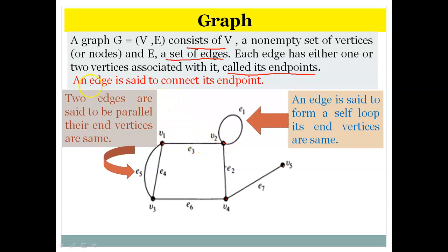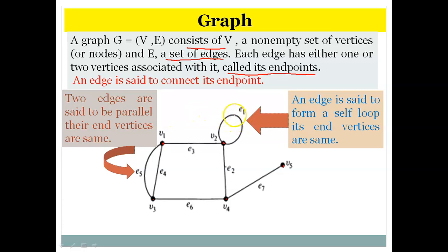That is what we said earlier: an edge is said to connect its endpoints. So V1 and V2 are the endpoints of the edge E3. Similarly, for edge E2, V2 and V4 are the endpoints, and for edge E7, V4 and V5 are the endpoints.